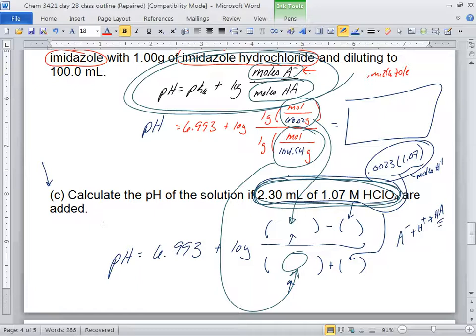Since you're adding H plus, how do you convert 1.07 to moles? Well, it's multiplied, but this has to be in liters. So this is moles of H plus. Whatever number that is, you subtract it from the moles of A minus, and add it to the moles of HA, because A minus is getting converted to HA.